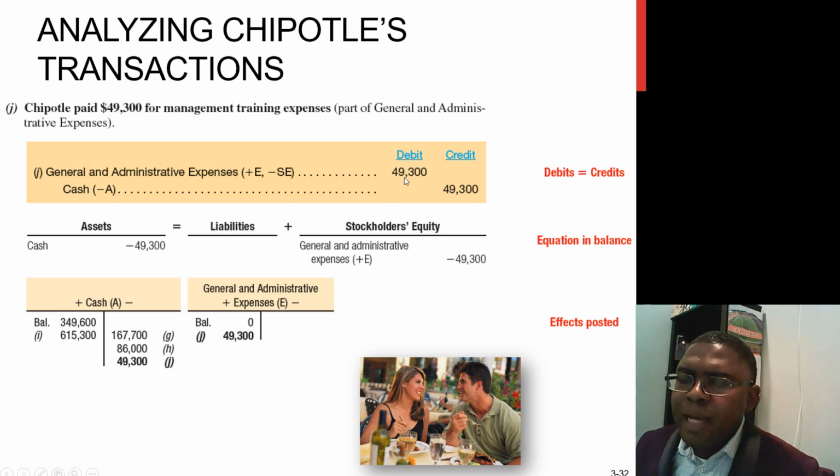It takes a debit balance. Cash is an asset. Asset is reducing because cash is going out. So that is going to take a credit balance. So that is how we journalize this transaction. We check to be sure that the balance sheet equation balances, and then we post them on their respective T accounts.